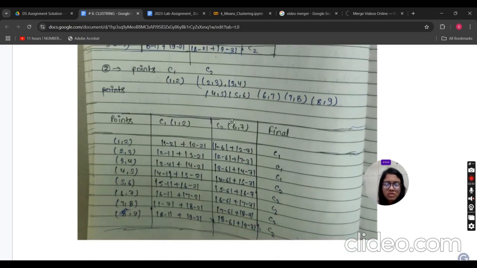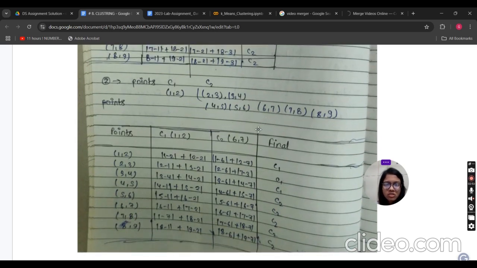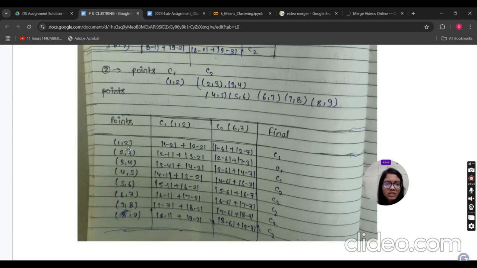I repeat this process again. After the calculation, C1 is 1 2 and C2 is 6 7. Here again I repeat the process with points 1 2, 2 3, 3 4, 4 5, 5 6, 6 7, 7 8, 8 9. Again: 1 minus 1, 2 minus 2, 1 minus 6, 2 minus 7.